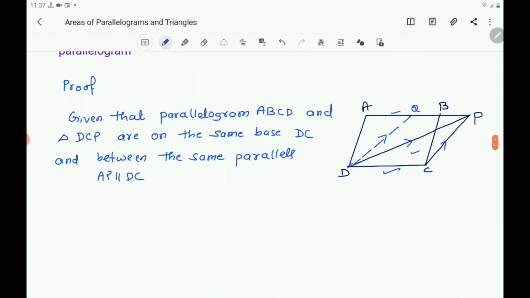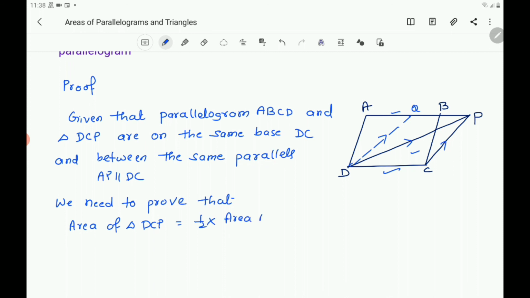Here we need to prove that area of triangle DCP equals half into area of parallelogram ABCD.